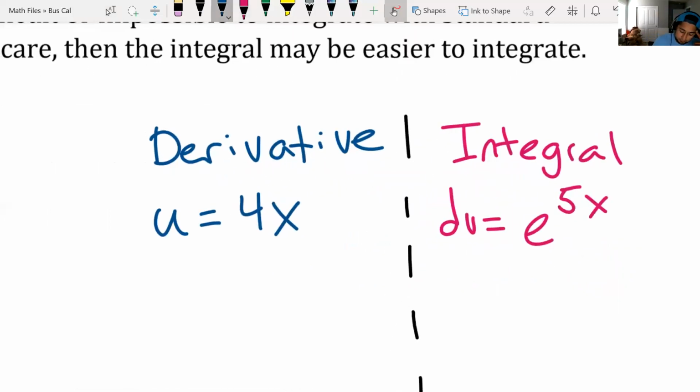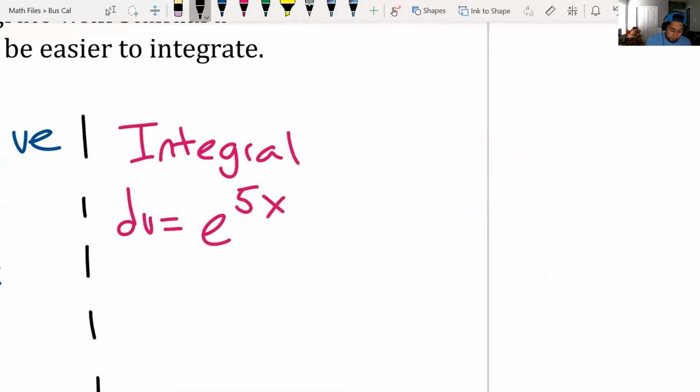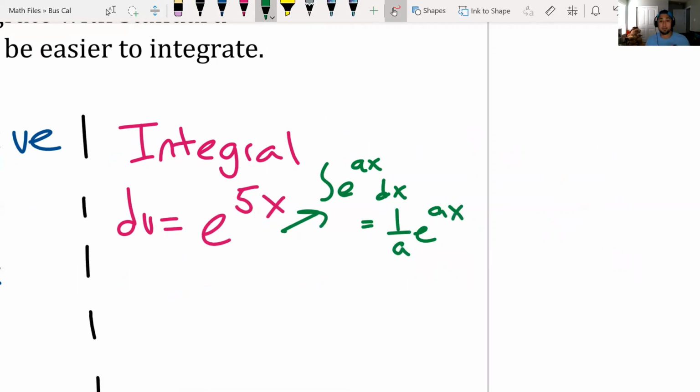So the derivative of u is du equals 4 dx. Then the integral of e to the 5x uses a special formula: the integral of e to the ax dx is 1 over a times e to the ax.